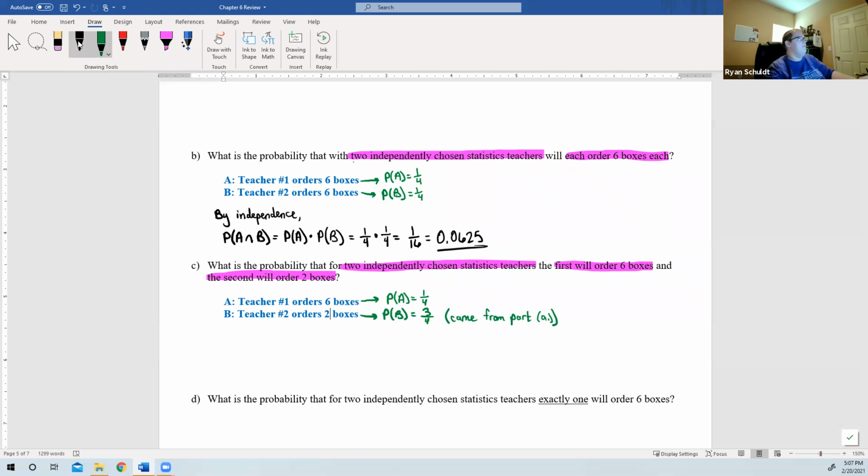Okay, again, now we're going to say by independence, we can multiply these together.